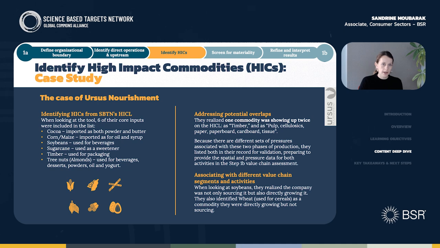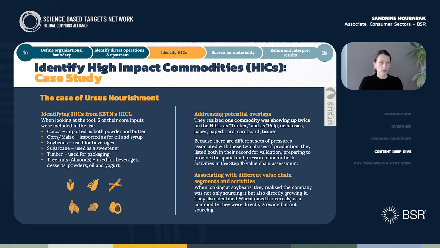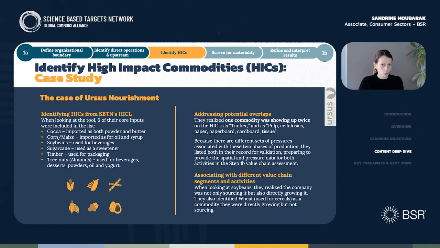They found additional guidance on what to do in this case in the README for the high-impact commodity list and understood that because there are different sets of pressures associated with these 2 phases of production, they must list both in their record for validation and aim to provide the spatial and pressure data for both activities in the Step 1B value chain assessment. The team also noted the form in which the high-impact commodities were found: raw materials, semi-processed, or fully transformed.